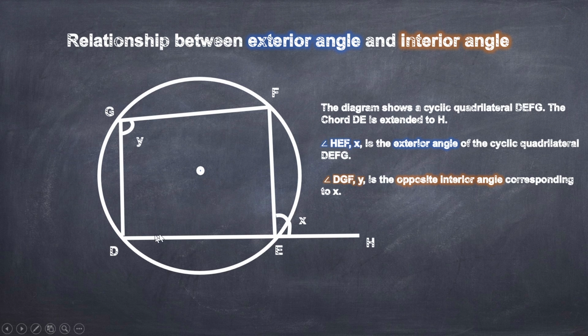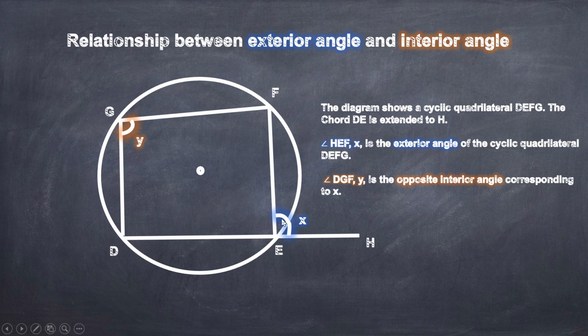The chord DE is extended to H. So angle HEF, or angle x, is an exterior angle of cyclic quadrilateral DEFG. So angle DGF, or the angle y, is the opposite interior angle corresponding to x.